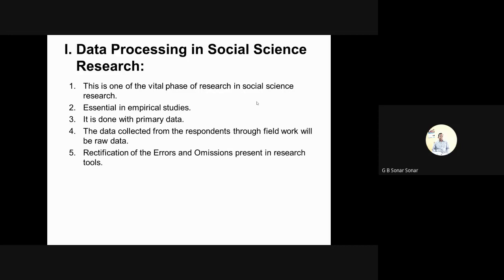So if you are using an interview schedule and we collect data from the respondents, the filled interview schedules will have certain errors and omissions. So this step, data processing, is removing those errors and omissions present in the research tools for enhancing the quality of the data.